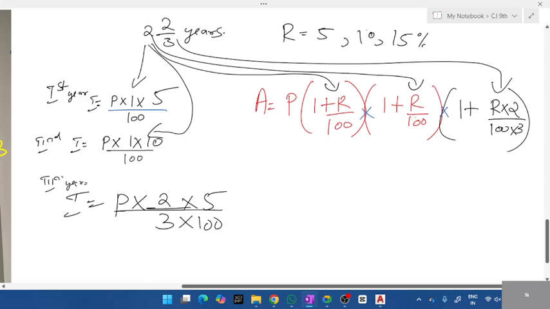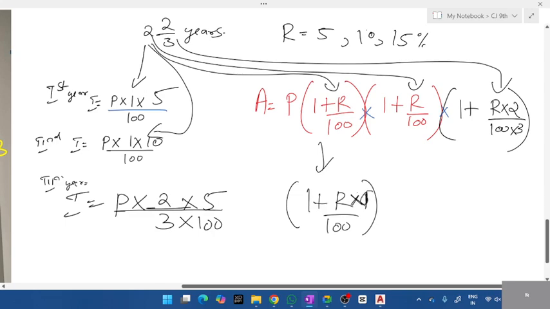See, 1 plus R by 100 is the same. 1 plus R by 100 is the same. Just with that, the time, 2 by 3, will get added extra. See, here it is 1 plus R divided by 100. Time is 1 year, so usually you don't multiply. The actual concept is that you have to multiply by 1, but R into anything into 1 is the value itself.